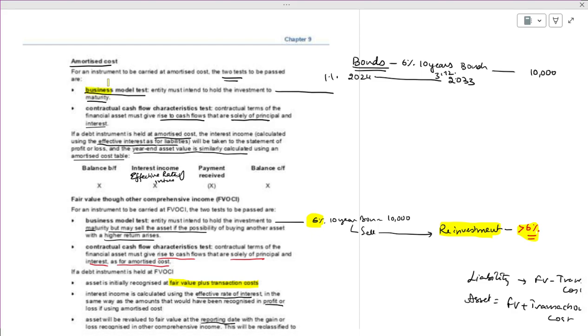Business model and contractual cash flow. Contract. Yeah. All right, B and D. It is a business model test and a contractual cash flow test. Okay, contractual cash flow test.